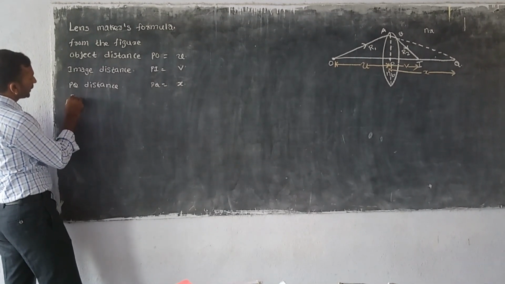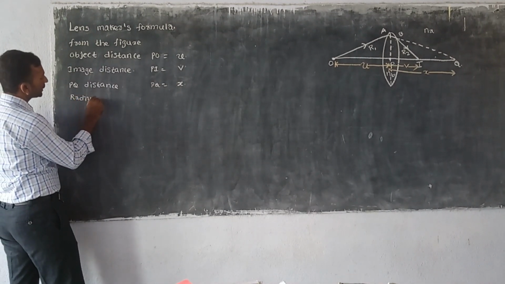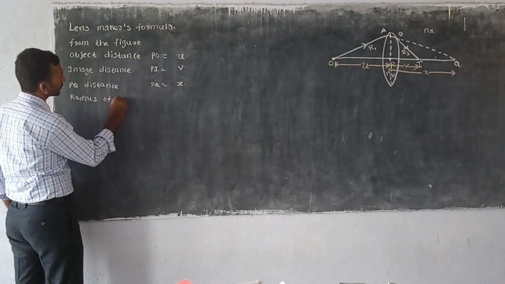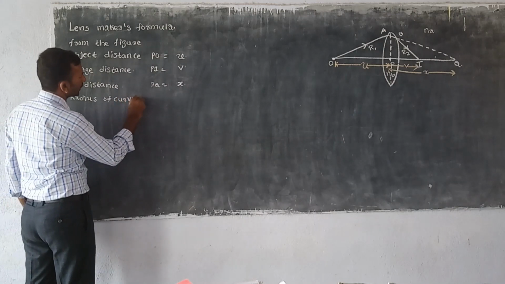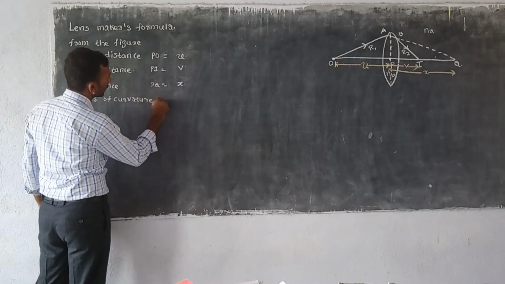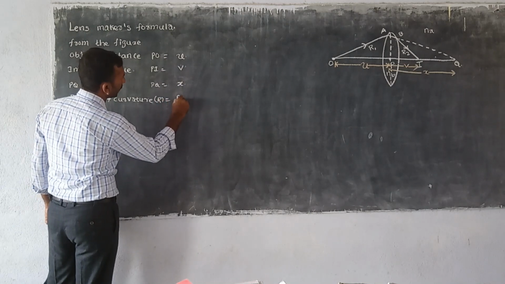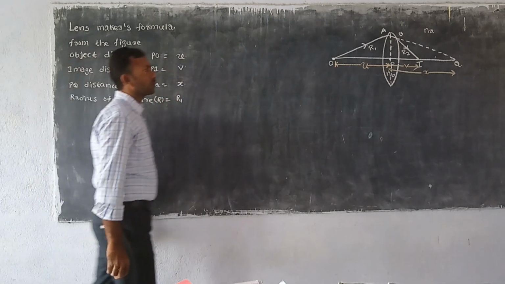What is the radius of curvature value there? Radius of curvature R equals R1, and we have another two values.